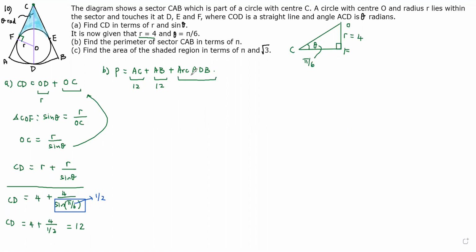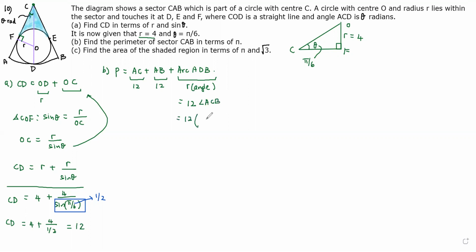We need to find the arc length of ADB. The arc length is given by R times the angle. We cannot use theta because theta is already used. And we know that R is 12 here. So that is 12 times angle ACB.